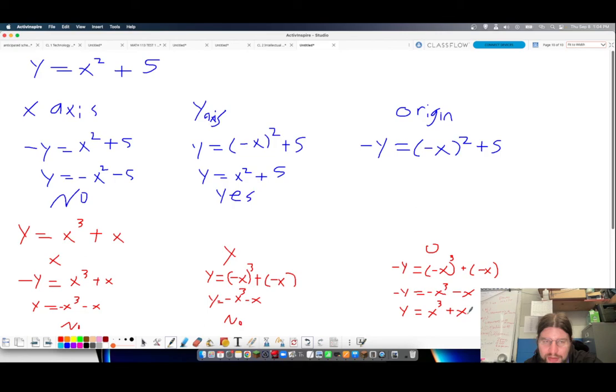Hey, look at that. It's the same as the original, so that's a yes. And that's how you algebraically show your work. So, Abby, you can't just say yes or no. You have to actually algebraically show your work because it says so in the directions. The square root, that don't work.